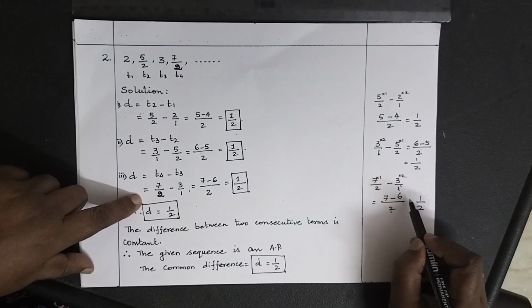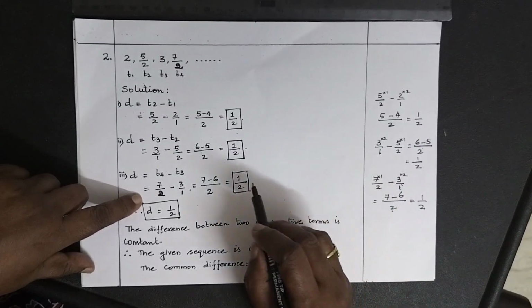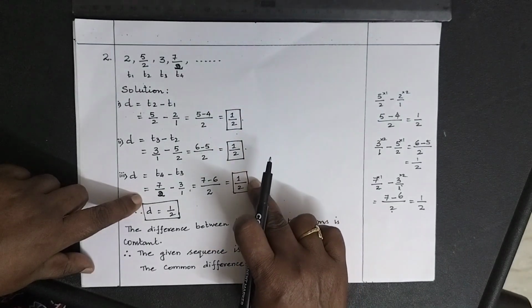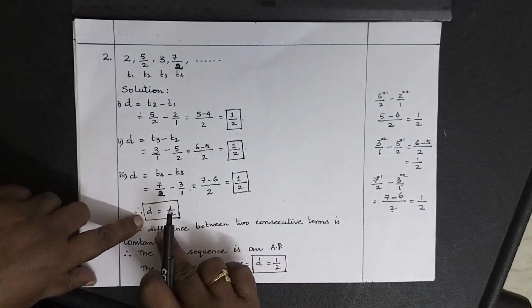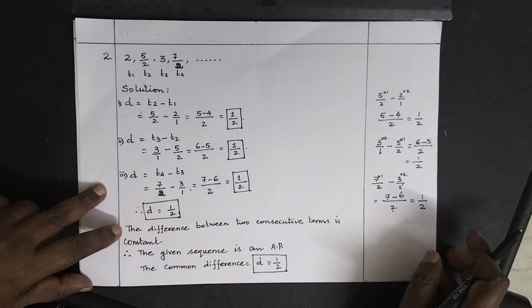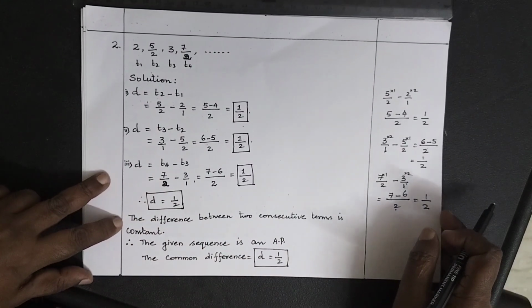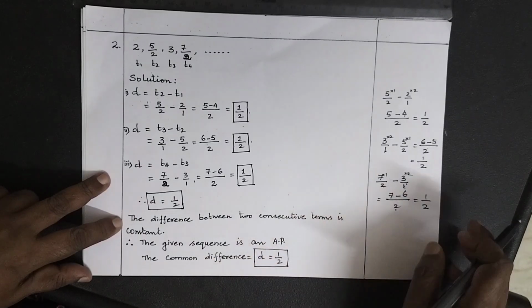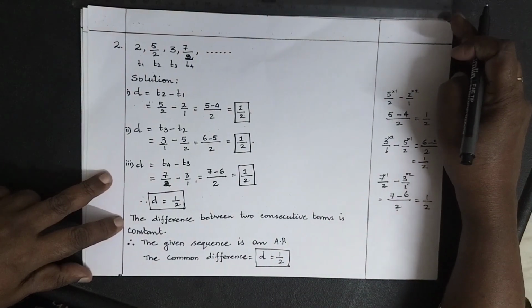So 7 minus 6 is equal to 1, again 1 by 2. Again in all three cases, the common difference is the same, so it is constant. Since the difference between two consecutive terms is constant, the given sequence is an AP, and D is equal to 1 by 2.